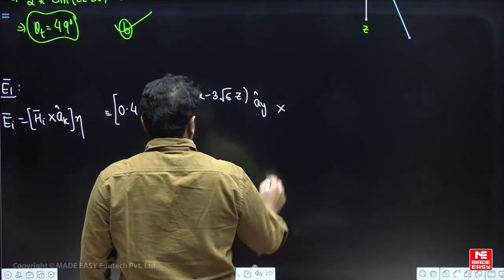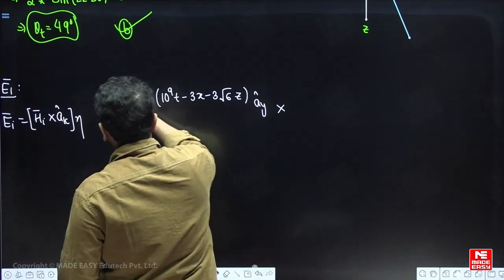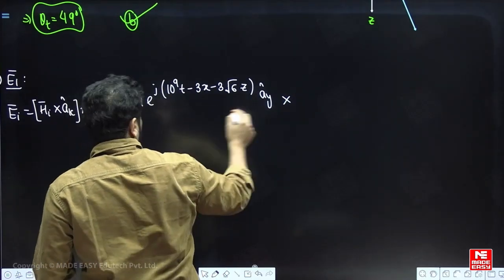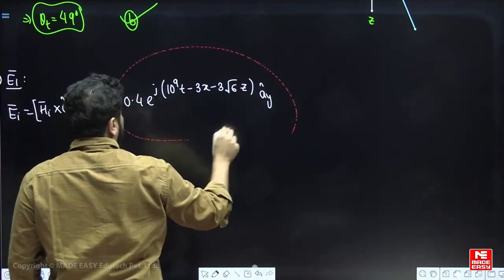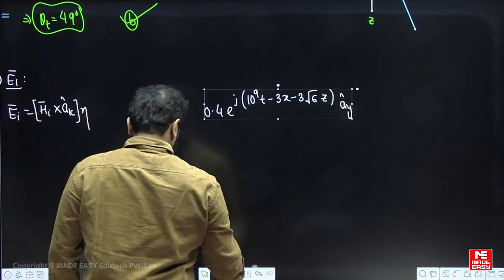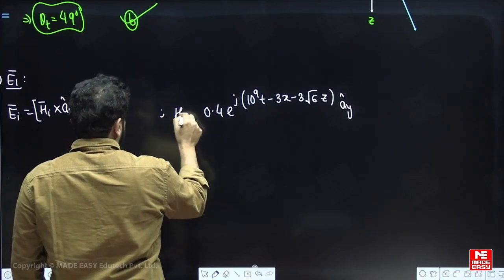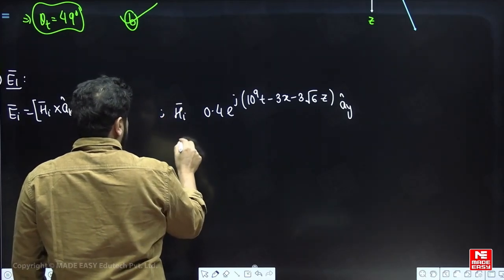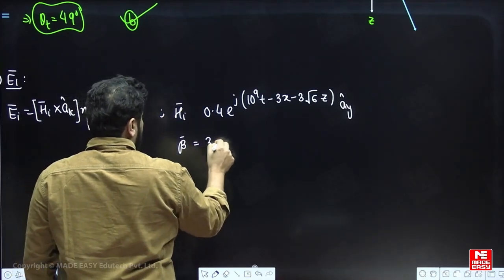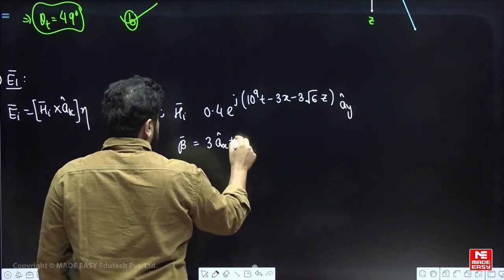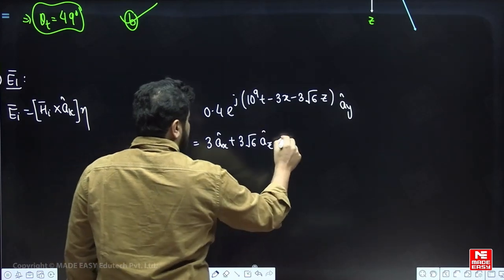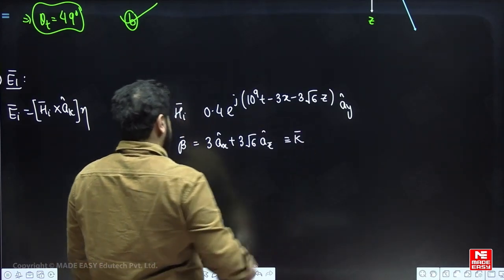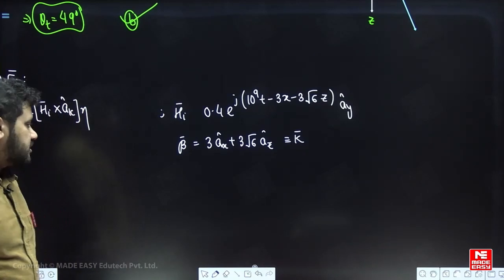One by one I will do it. Just give me one moment. Here the HI vector is this one. Now I want the beta vector. Beta vector is 3ax plus 3 root 6 az. Correct. The beta vector is the same as the k vector.